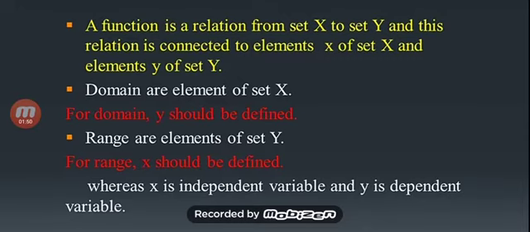For domain, y should be defined, and for range, x should be defined. We will solve examples related to domain and range in our second lecture. It is very important to note that x is an independent variable and y is a dependent variable.